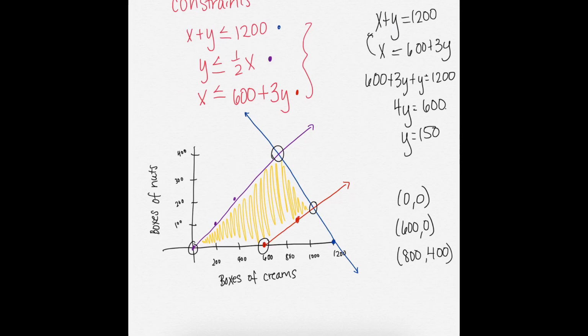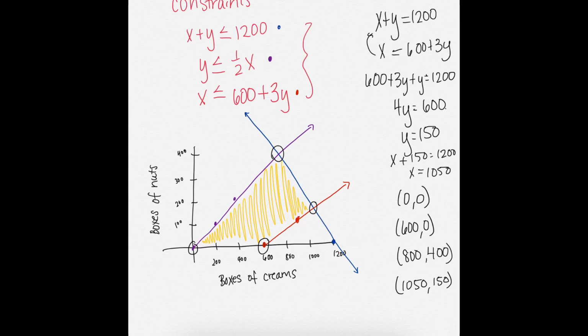We didn't find the x value yet, sorry. So we've got x plus 150 equals 1200, so x would be 1050. So that next one is 1050 and 150.